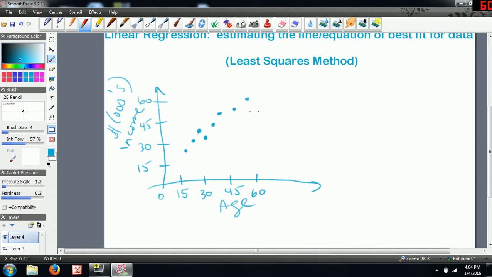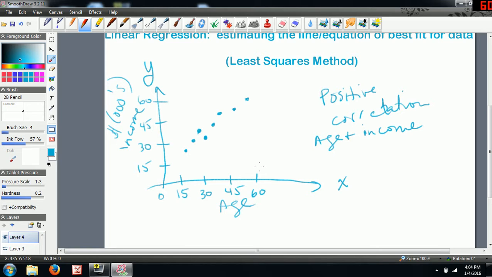If you look at the data, you can see that there is definitely a positive correlation between age and income in this particular data set for these people in this job. So for our x and y, age would be our x and income would be our y.